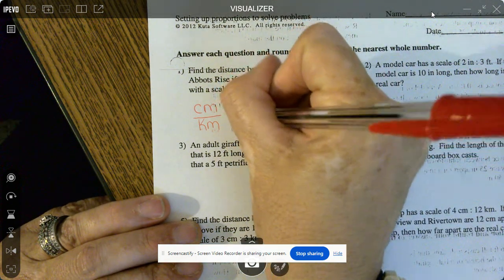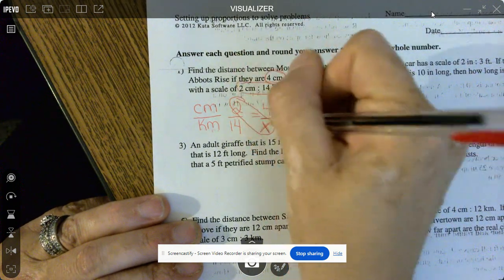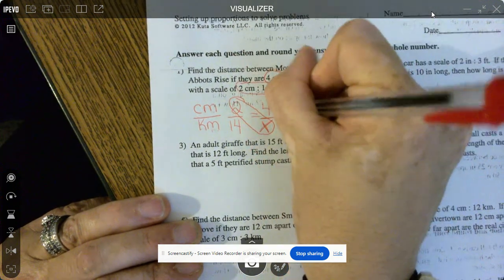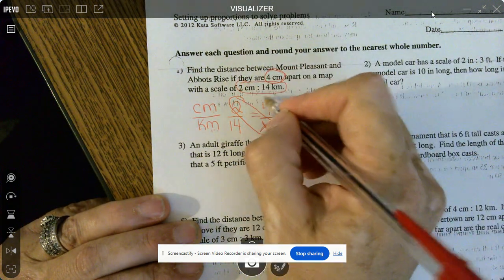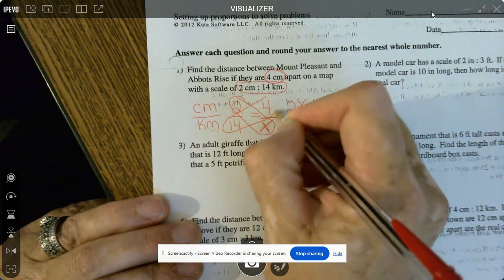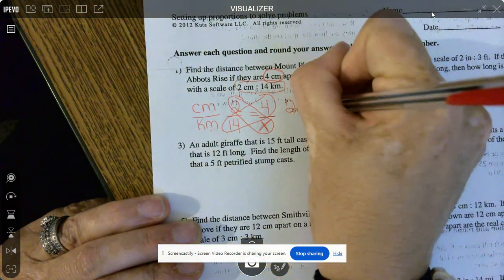From here, it's really simple because we're just doing cross multiplication. 2 times x gives you 2x. Now we go 14 times 4, and that gives you 56.